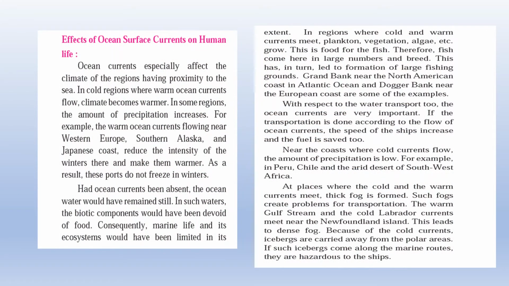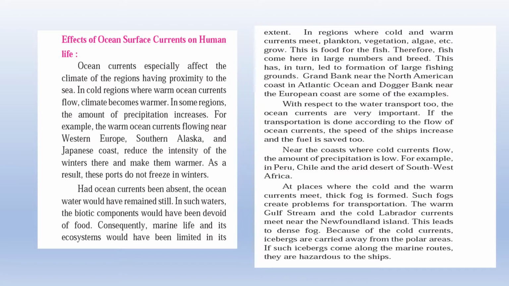Therefore it is very important to understand that in certain areas the ports are frozen and not used in the winters, whereas some areas having cold currents and warm currents develop plankton, and fishing activity dominates.